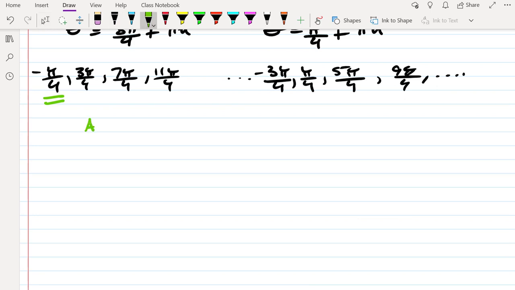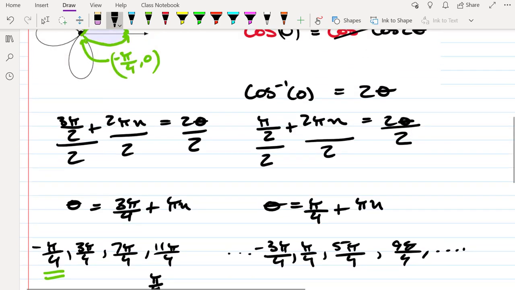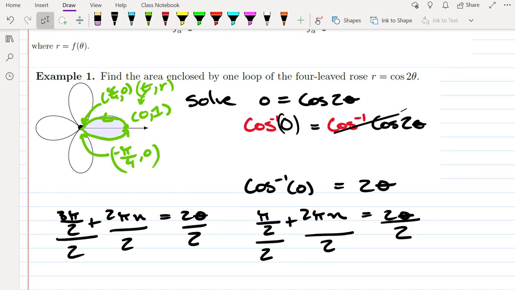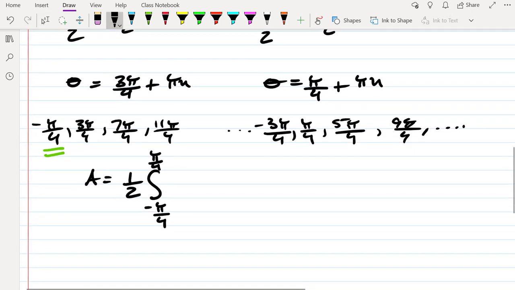So our area is going to be the integral from negative pi over 4 to positive pi over 4 of 1/2 r squared d theta. So our r is the cosine of 2 theta. So we have 1/2 the cosine squared of 2 theta d theta.